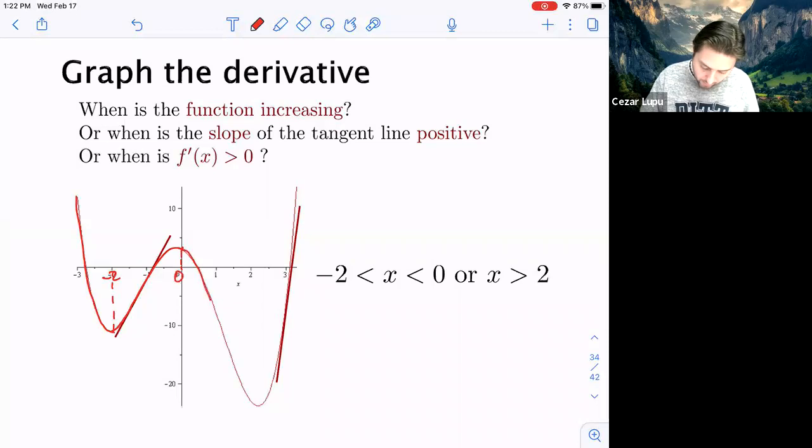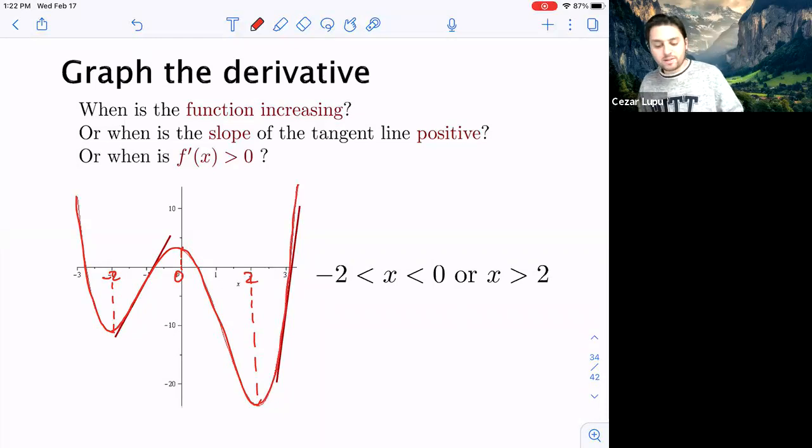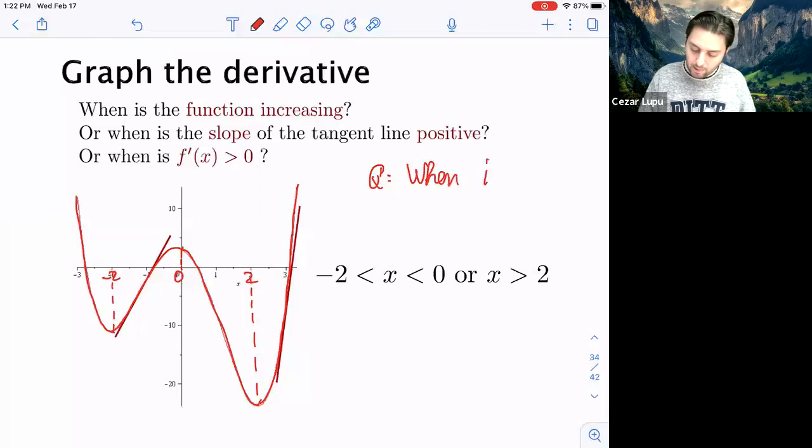Then it falls again all the way to some point here, whatever is 2, and then it rises again. So I'm asking, when is the graph rising? That is the question. In other words, let me translate the question: when is the graph rising?